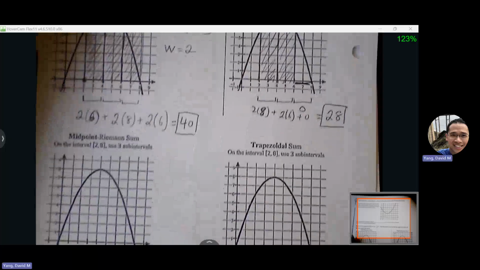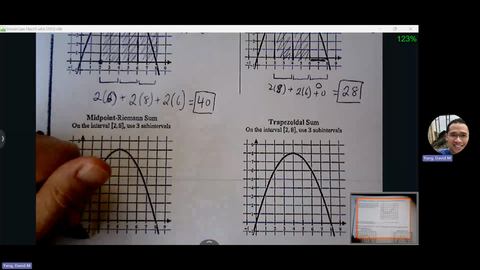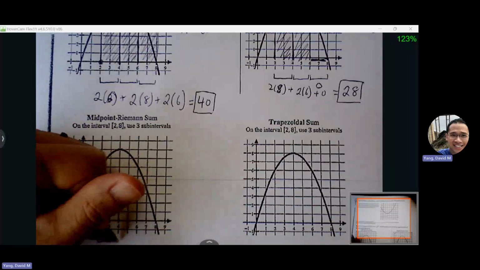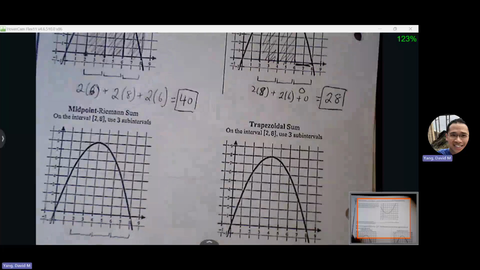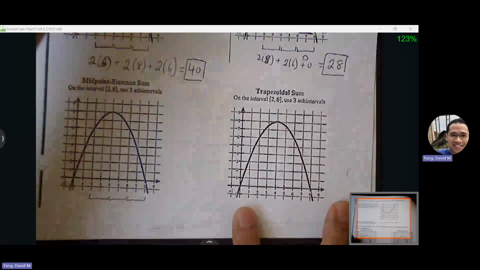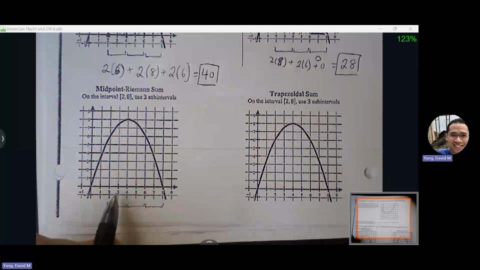Okay, midpoints. Midpoint Riemann sums use the same interval here, so from 2 to 4, 4 to 6, and 6 to 8. But now, rather than using the endpoints to determine the height, we want to use the midpoint to figure out the height of the rectangle. What's the midpoint between 2 and 4? 3.